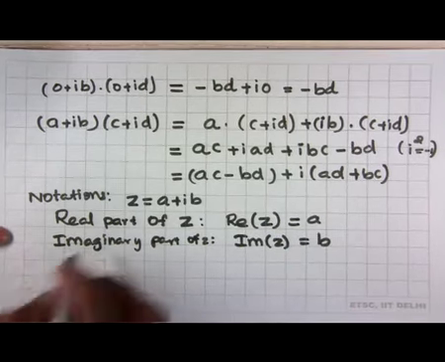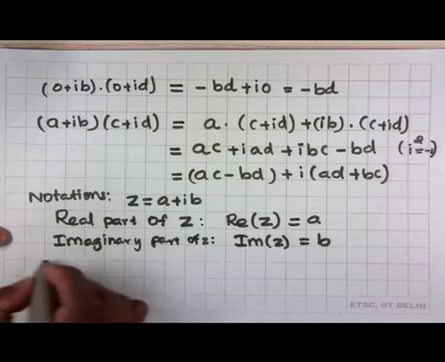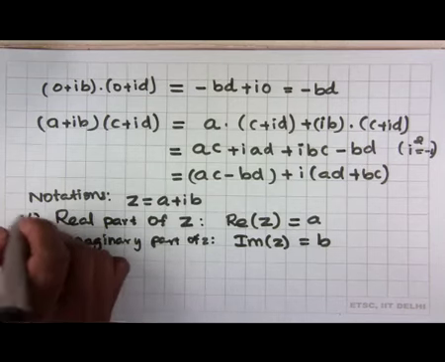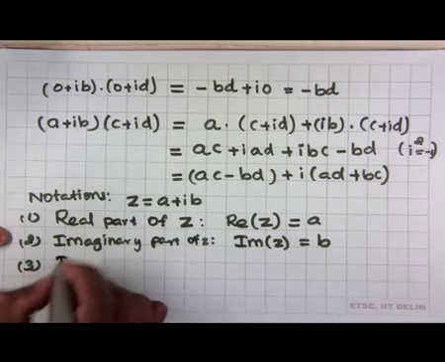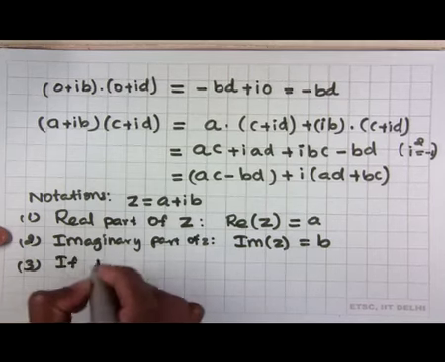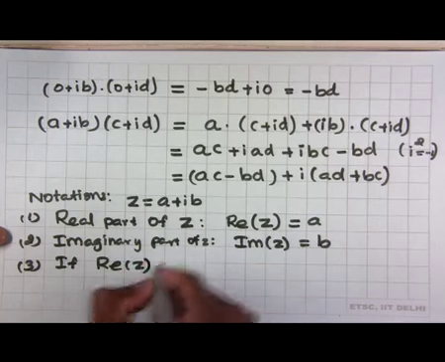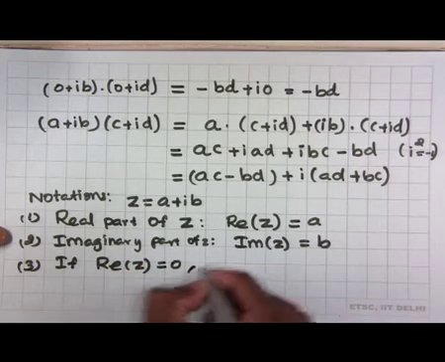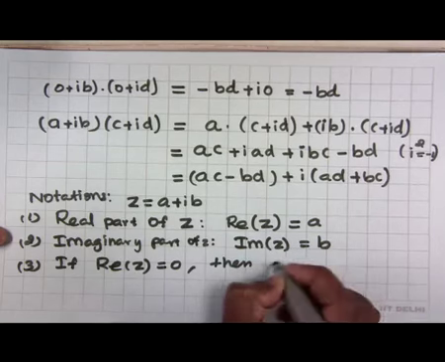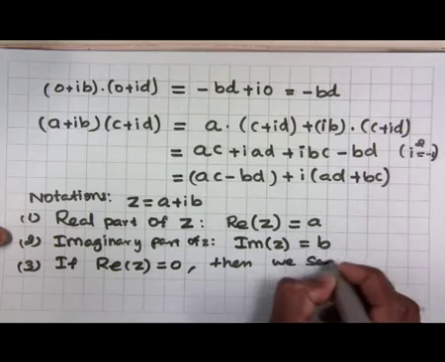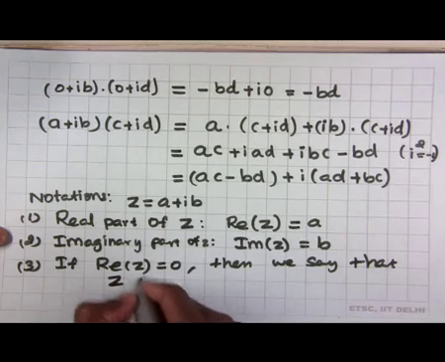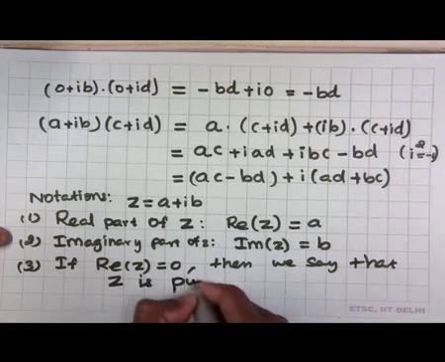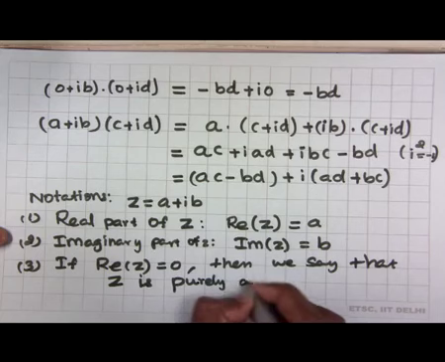And if suppose the real part of z is 0, then we say that z is purely an imaginary number.